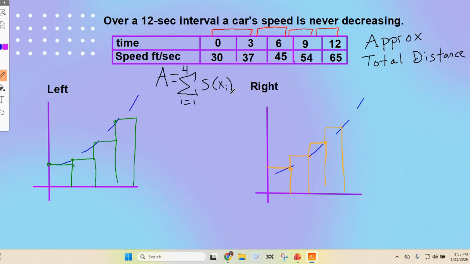And then notice, what are my widths of each of those intervals? 3. So we know that our change in x has to equal 3. Are we all okay where I got the setup?